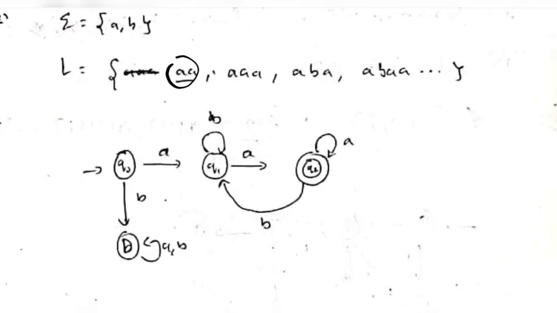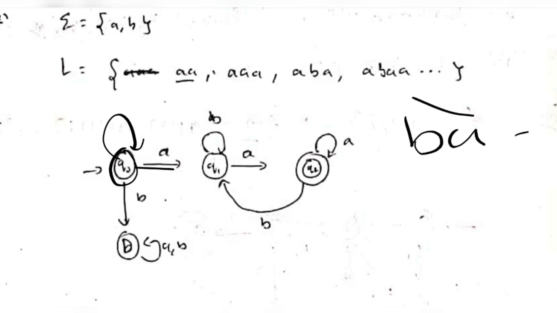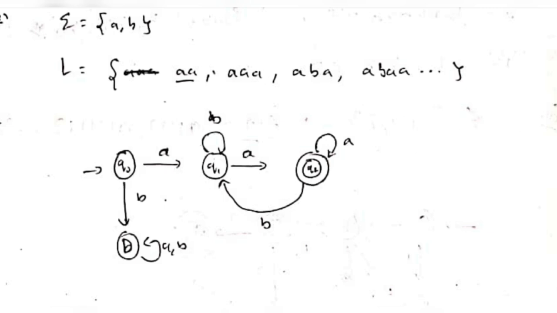So, AA is the minimum string, we will have 3 states here and we will write A and A. After that we will see that for each state we need to have A and B. From the start state on B, if we have any self loop, the string will start with B, so it is a wrong string. Therefore, B should go to the dead state.